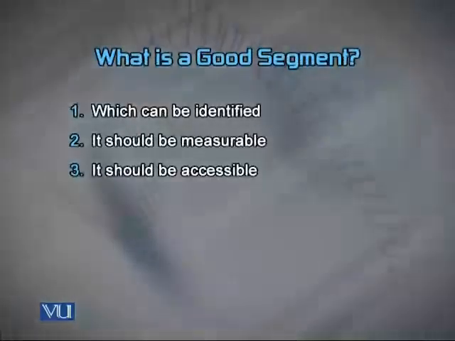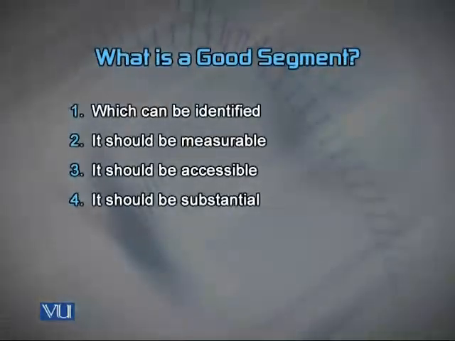The third is that it should be accessible. Accessible means: is that segment one which we can really reach? Because if we cannot reach a segment either through the media or through delivery processes, then that segment will not be a good choice.